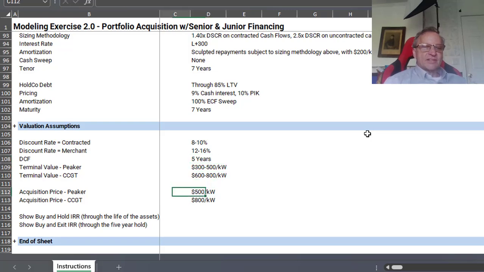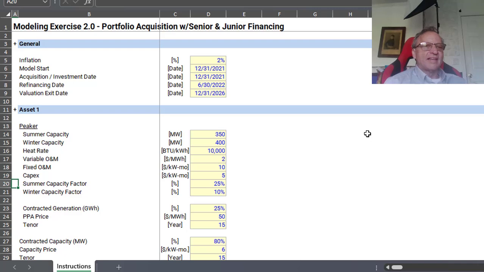And then they have this acquisition price, and that's really kind of confusing because up at the top here, they have the inflation, they have an acquisition date and a refinancing date. Now, presumably you acquire these here, and then I don't know how you're going to pay for this acquisition.